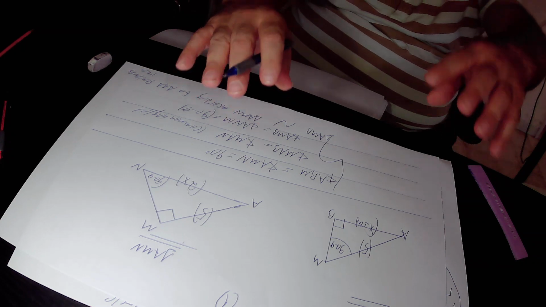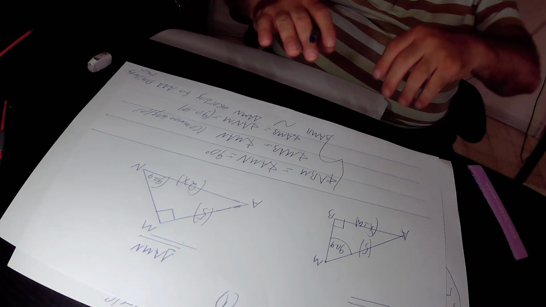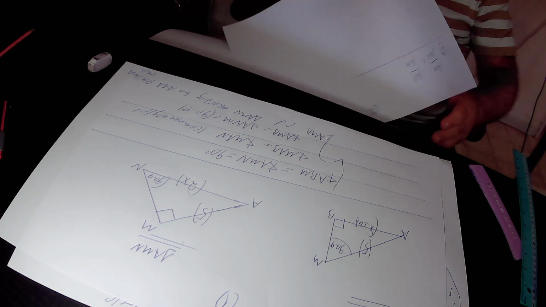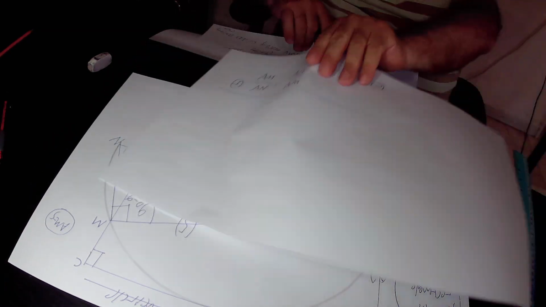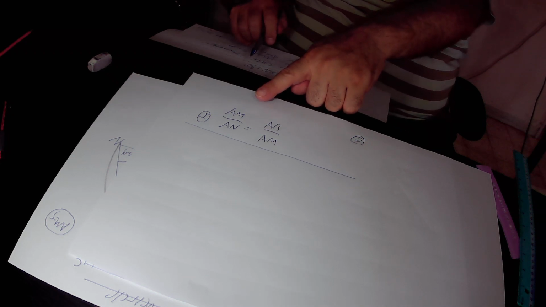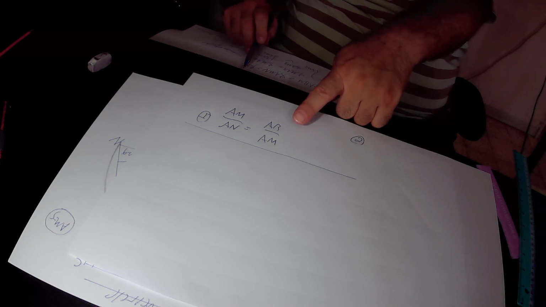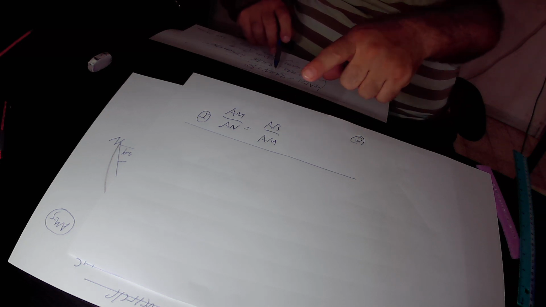From the fact that those two right triangles are similar, we derive that side AM of the right triangle AMB over side AN of the right triangle AMN equals side AB of the right triangle AMB over side AM of the right triangle AMN. AM is 5.